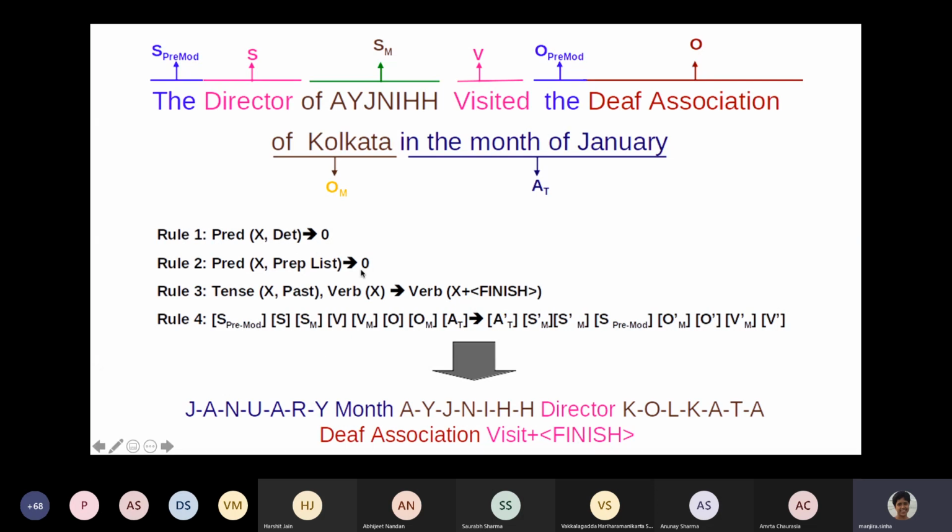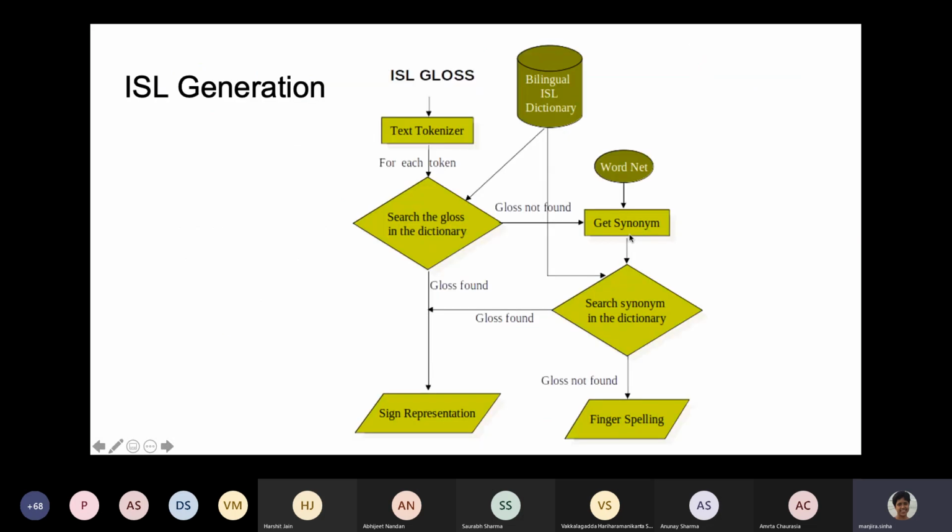So we have certain rules. Based on the rules, we develop what will be the corresponding sign language syntactic structure for an English sentence. Okay. So till this part we had completed.